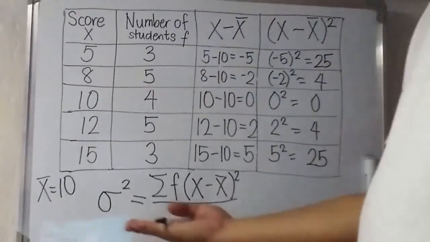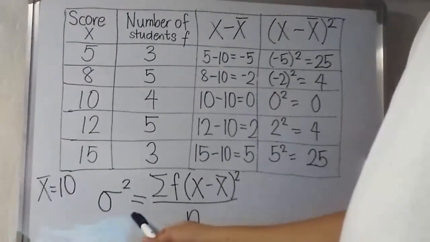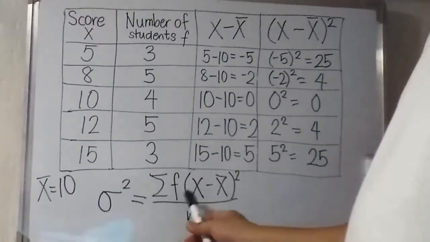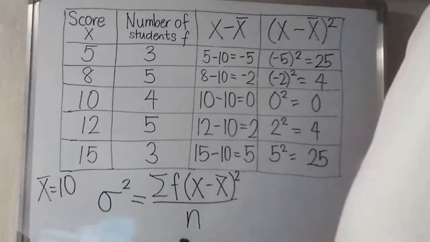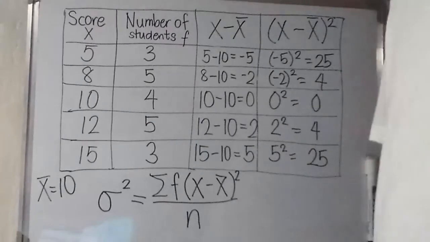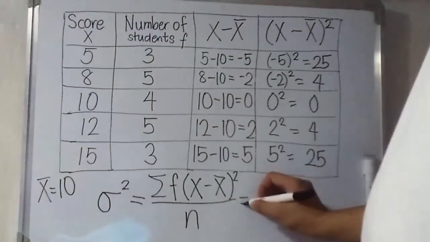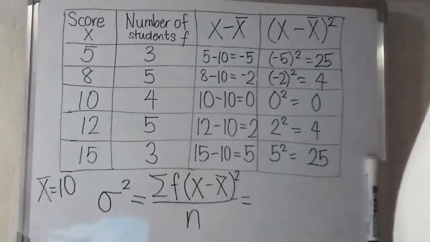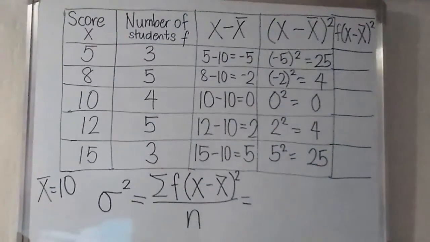So this is the formula for the variance: sigma squared is equal to the summation of f times (x minus x bar) squared over n. This is what you have learned in junior high school. So we shall now fill in another column, which is this one.